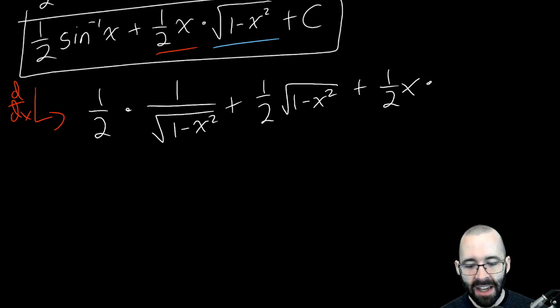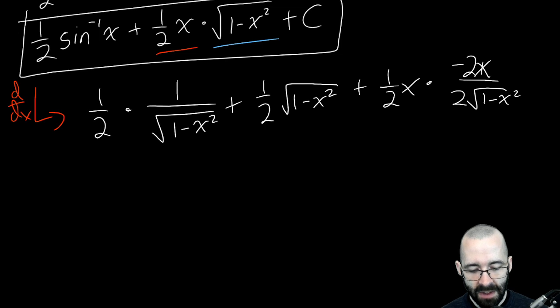What's the derivative of that second? It's 1 over 2 square root of 1 minus x squared. And then we need the chain rule, so it's going to be a negative 2x on the top. So what's happening here?